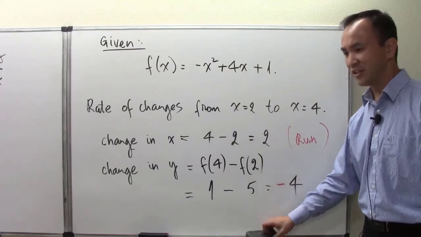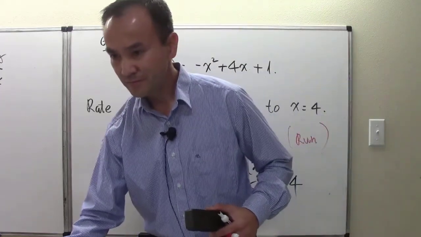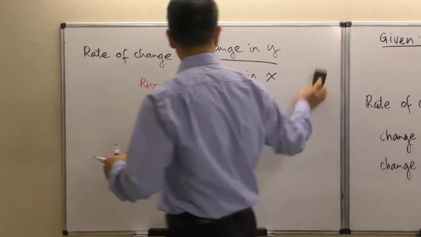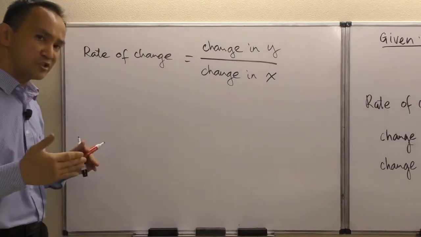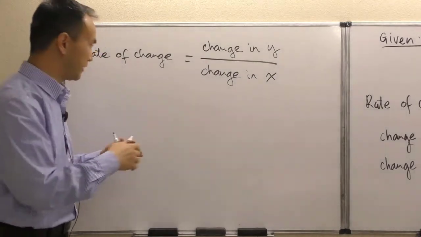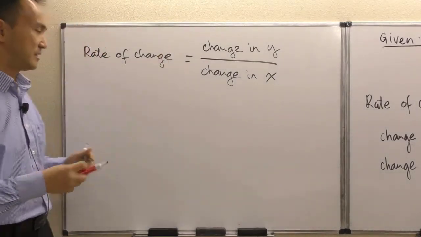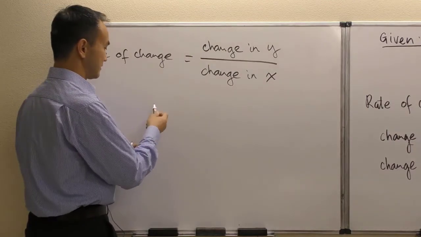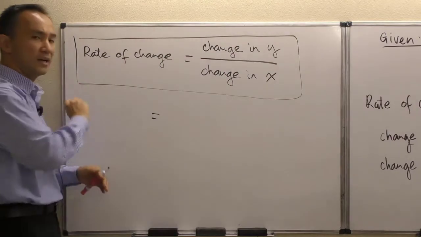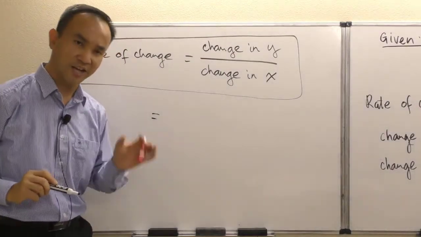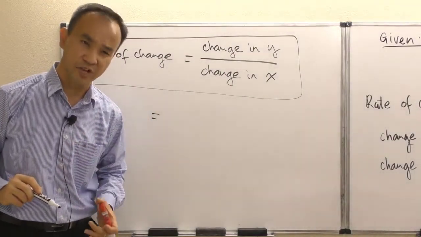Now, for x changing from 2 to 4, our rate of change is done as follows. This is now actually the formula to highlight, the rule to highlight anytime you would like to calculate the rate of change.